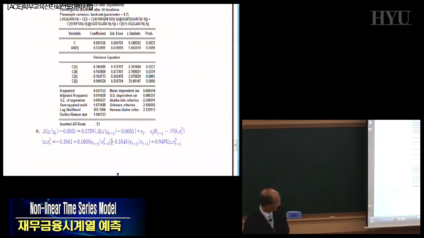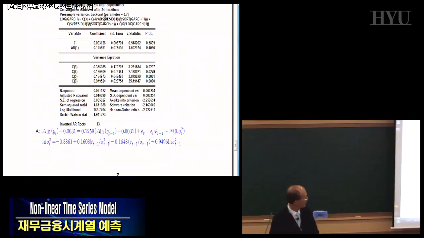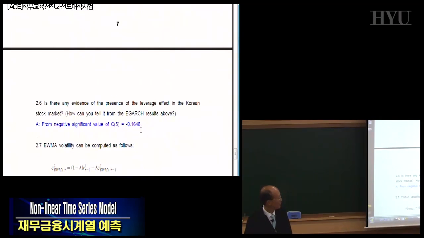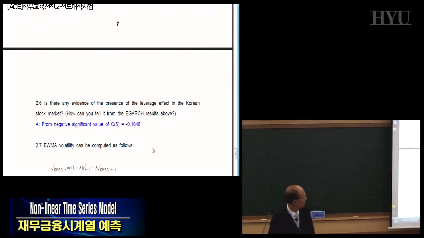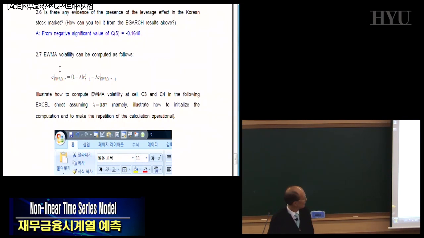And this was the key. This negative significant value is indicative of leverage effect, asymmetric effect, okay? Which is this one. Right? EWMA is computed in this way.